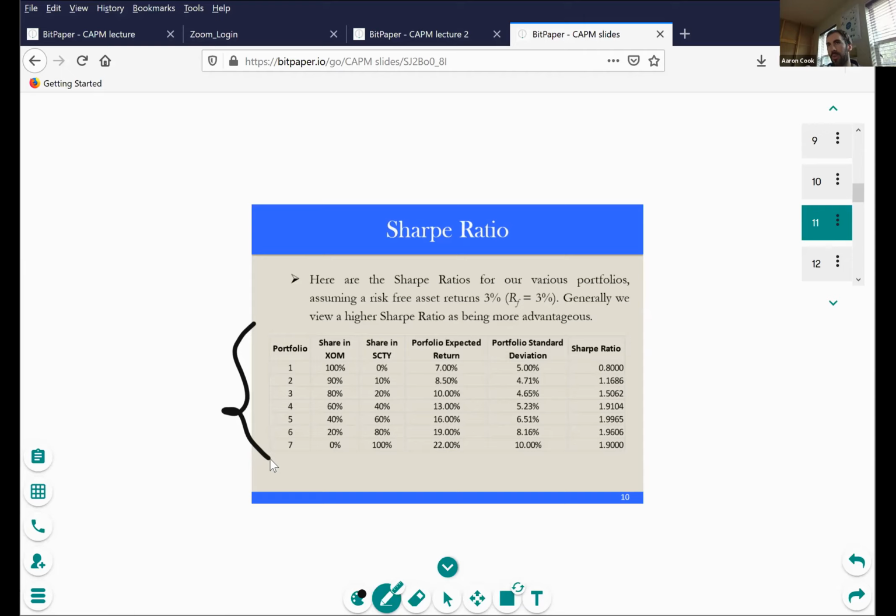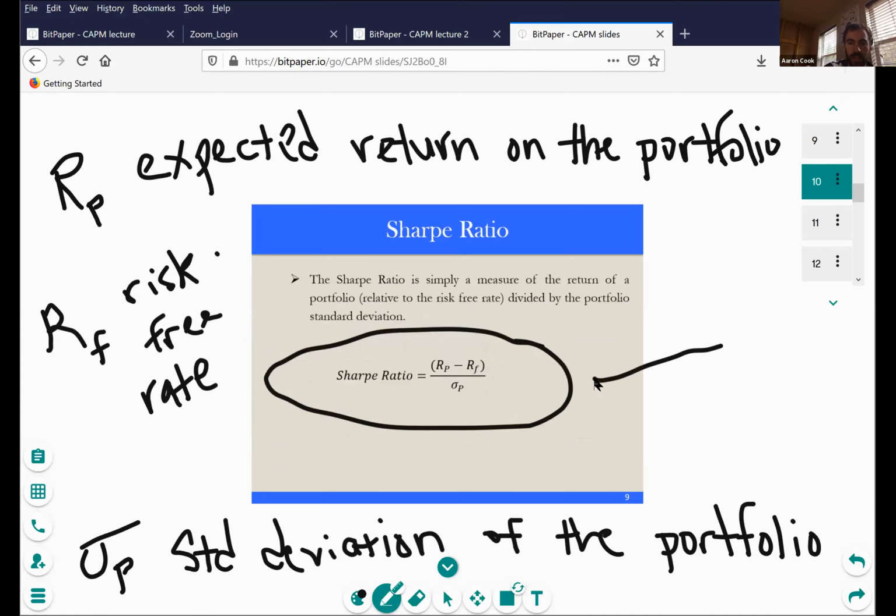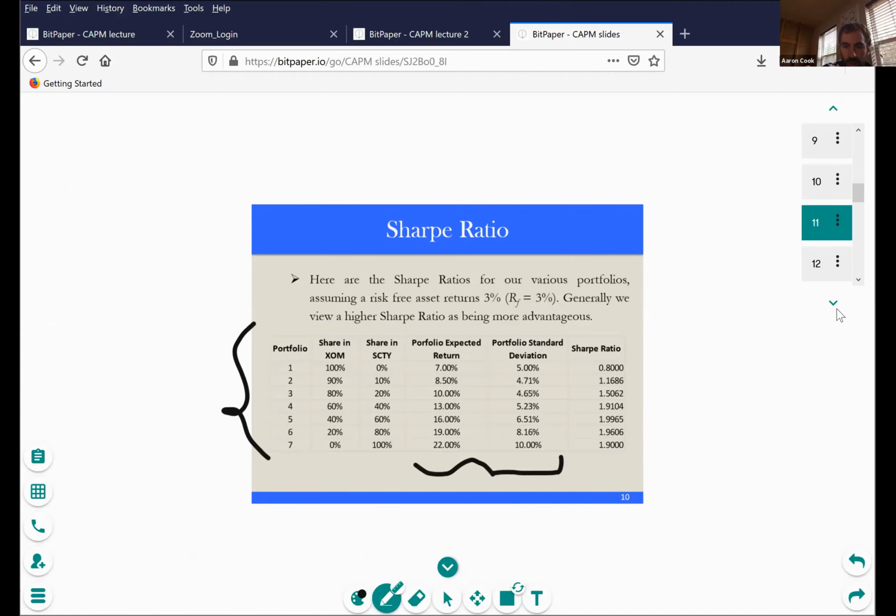That is, if we know the risk-free rate, we have everything we need. So we can take every one of these sets of expected returns and standard deviations, combine them with the risk-free rate according to the Sharpe ratio, and compute the Sharpe ratio for every one of these individual portfolios, 1 through 7.